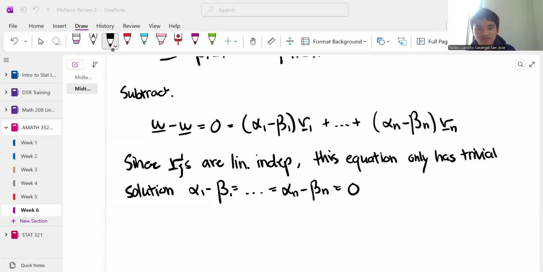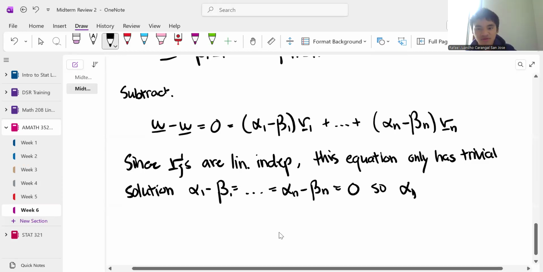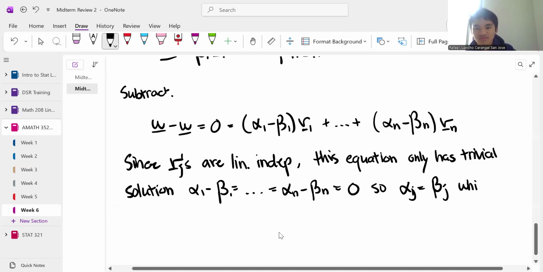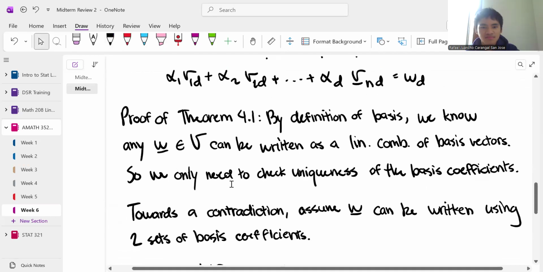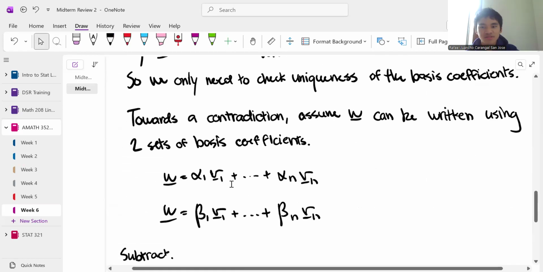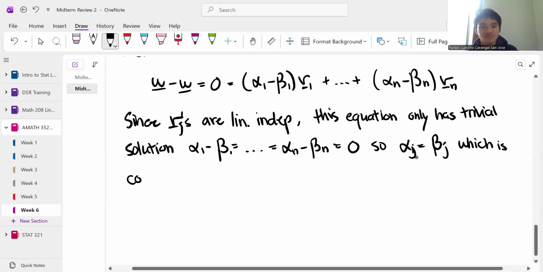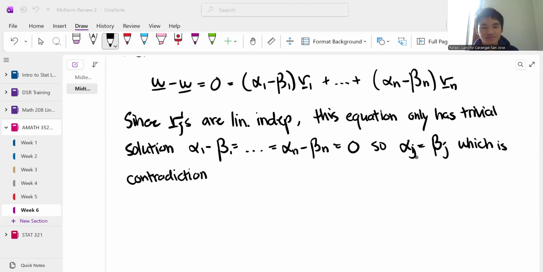And what does that mean? So alpha j is actually just beta j. And this is a contradiction, because now we know that the two sets of coefficients are not different. They're the same thing. So all the scalars are the same.